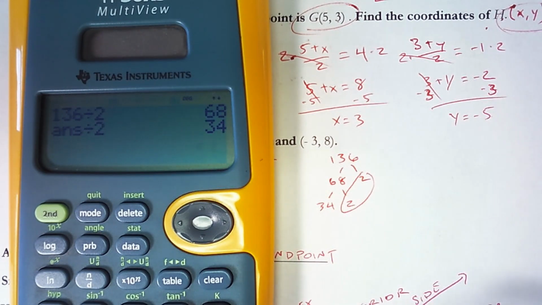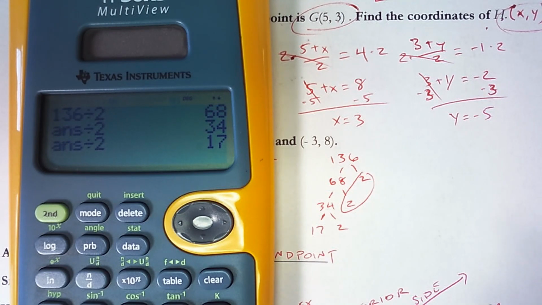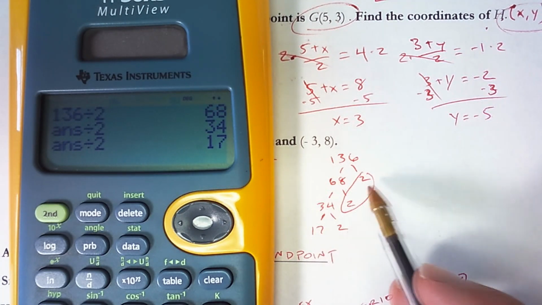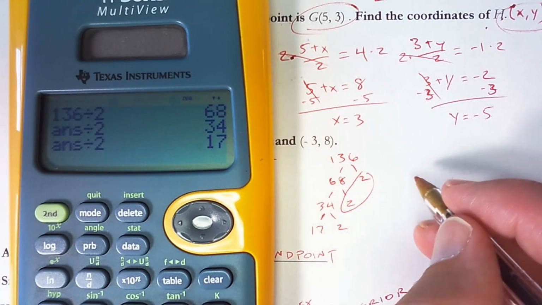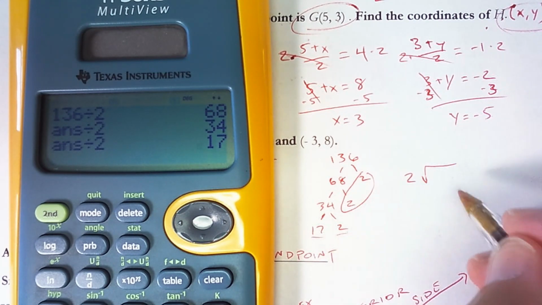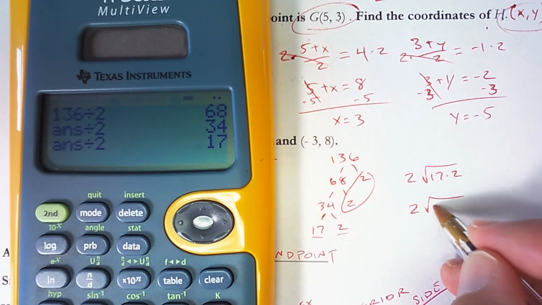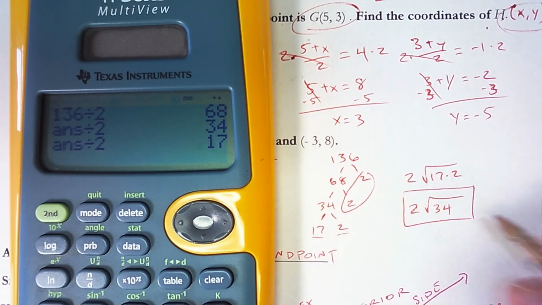I'm going to circle that. 34 is even. Divided by 2 is 17. And it looks like I'm down to only prime numbers. The only pair I find is a pair of 2's. What stays inside are these 2 leftover primes, 17 times 2. So it's 2 times the square root of 34.